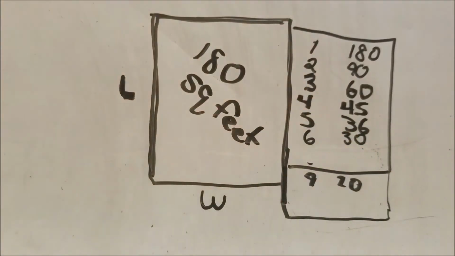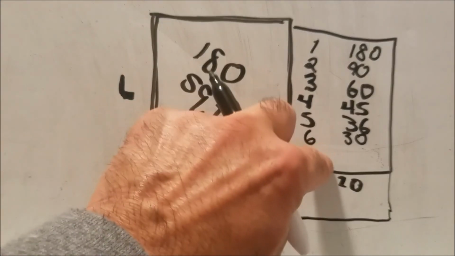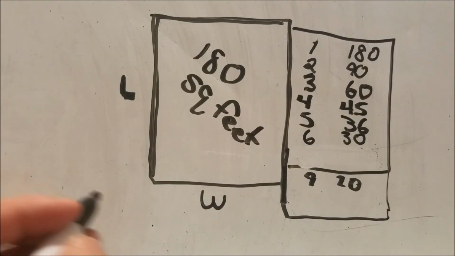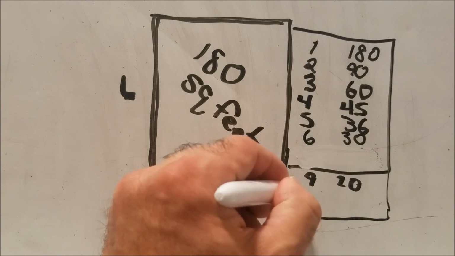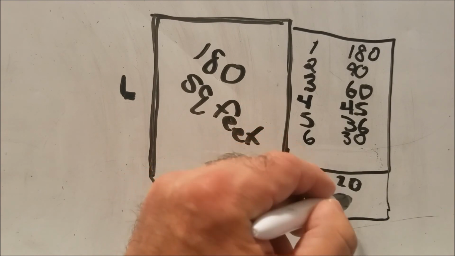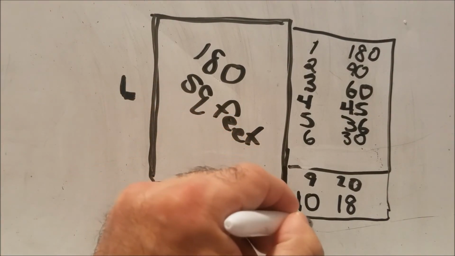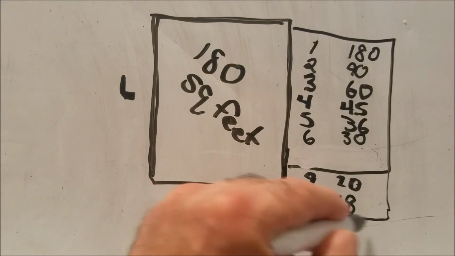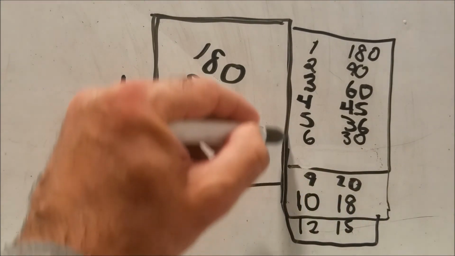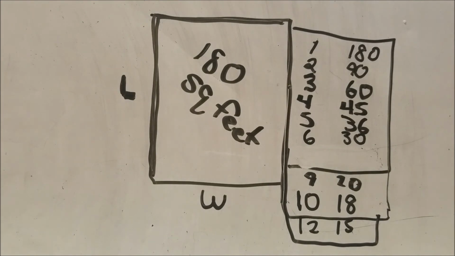A little error there. Always double check your work. Not 8 and 10. But 9 and 20 work. And 10 and 18 work. Are we missing any? Well, there's also 12 and 15. So those are the factors, right? 8 doesn't go into 180 evenly.